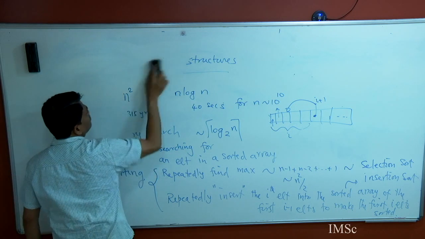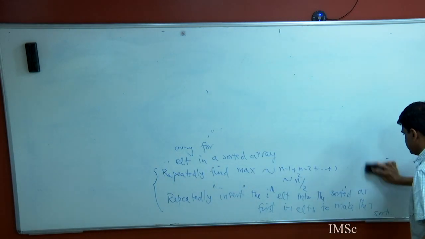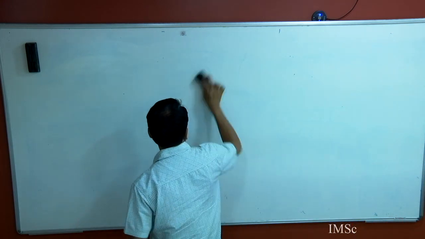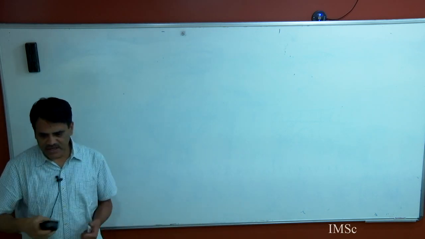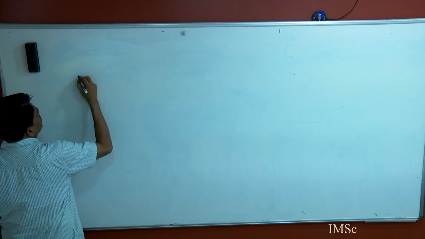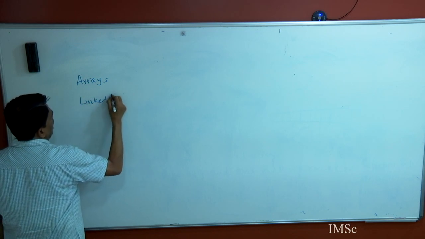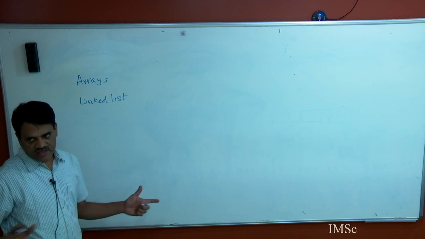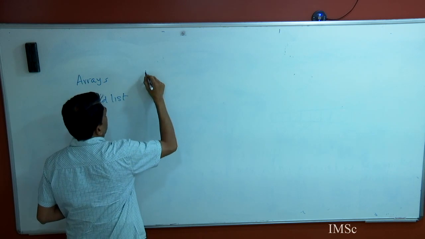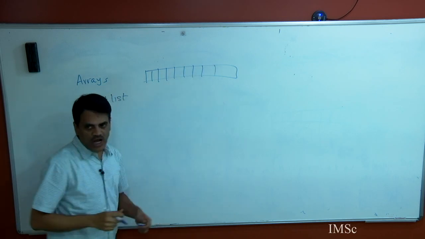So, let me just make some notes. Two basic data structures, let me say, because I might use them, are arrays and linked lists. You can think of them as some sort of axiomatic data structures, at the atomic level. So, an array, we already talked about it, is just a sequence of contiguous cells.